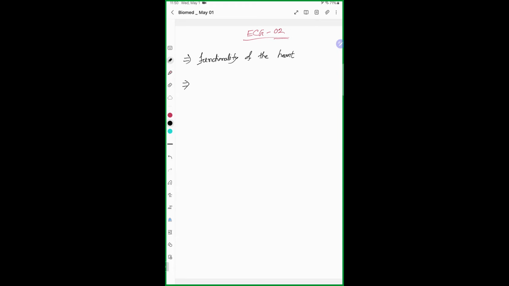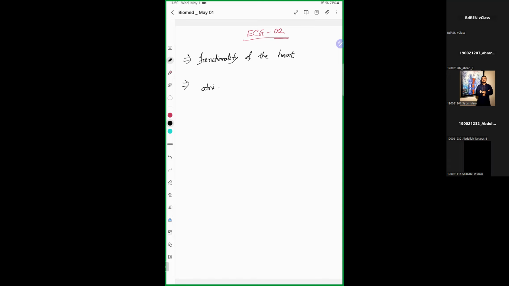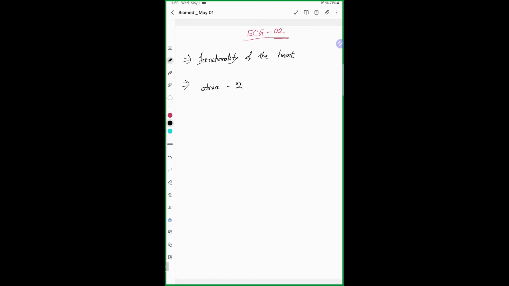Now, what do we have here? We have 2 atria and 2 ventricles. The purpose of the atria is to collect blood, and they pump blood out to the body.